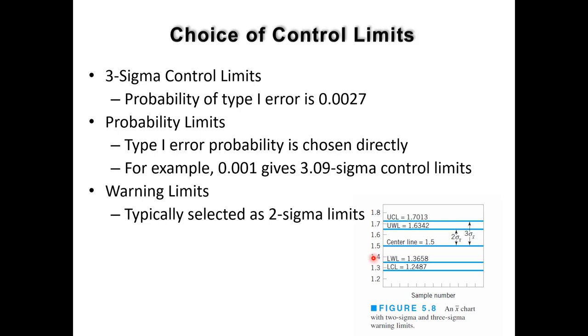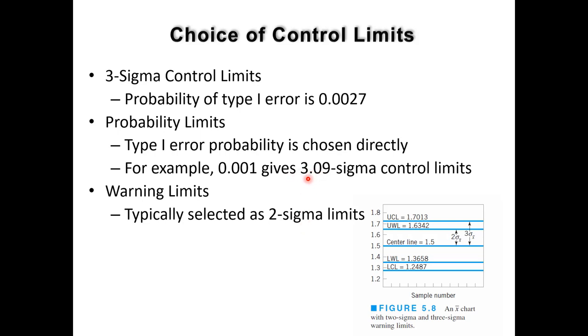It's just that for the normal upper and lower control limit, it is computed as mu plus minus 3 sigma, or 3 standard deviations. But for warning limits, it is 2 sigma limits. The normal control limit is based on 3 sigma.